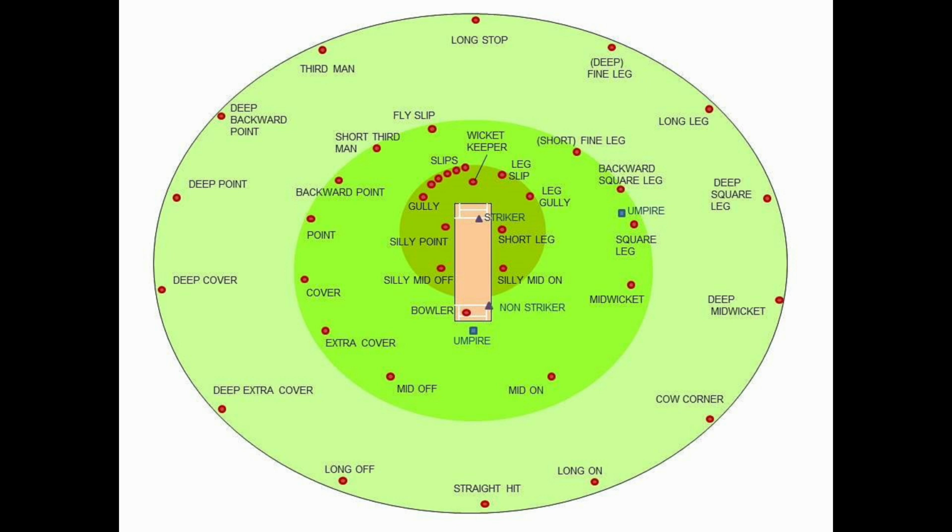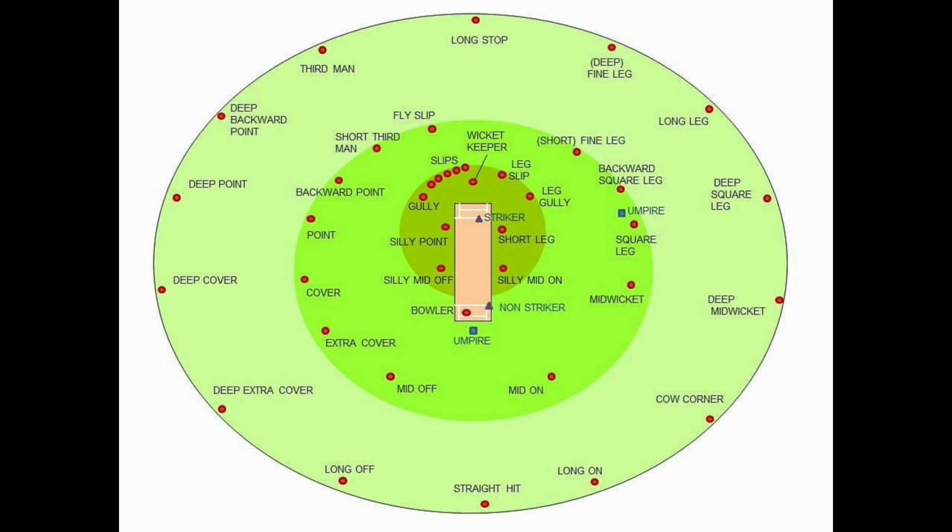And so that plays into a lot of the strategy where the captain has to say, okay, I only have 2 or 3 players that I can put outside this ring. Where am I going to put them? And the bowler has to be aware, okay, this batsman enjoys hitting the ball to the leg side, so I'm going to be putting the ball on the offside.